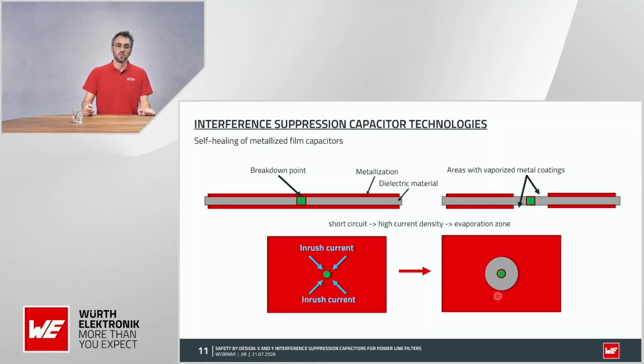This allows the capacitor to keep working as it was, with a better isolation, because now we repaired the point in the sense that we are not getting a short circuit, and the weak point is gone. We have a better isolation for the whole capacitor, and the only problem is that we lost a little bit of electrode, but we have a functioning capacitor after the event, even if it was a high energy surge voltage event.